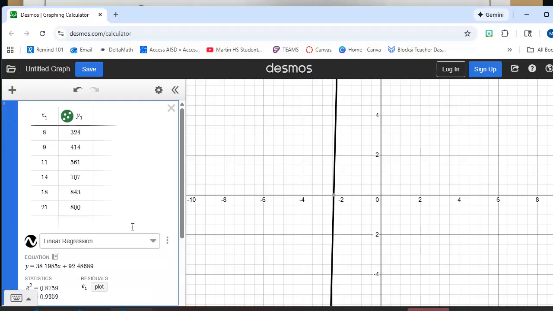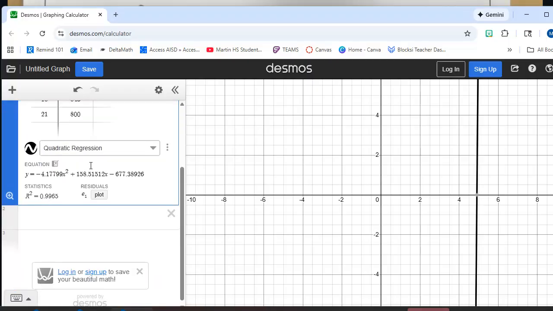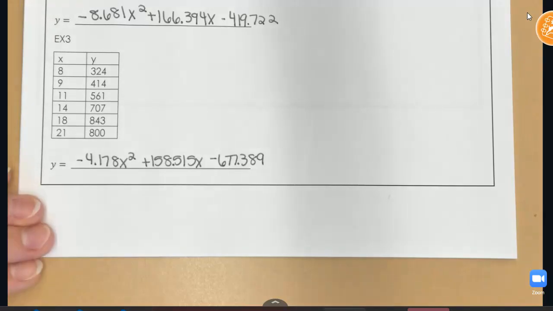Okay, regression, quadratic, again 3 decimal places, negative 4.178x squared plus 158.515x minus 677.389. So there are my 3 equations for this example.